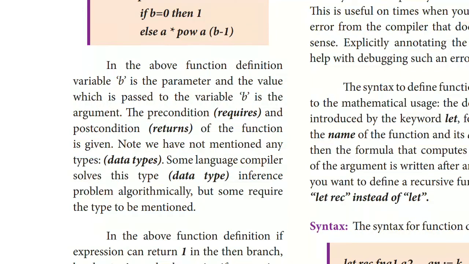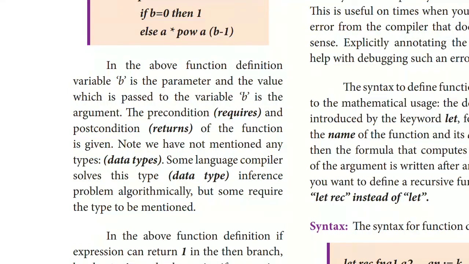So here we have to note one thing: the data type of the two variables a and b is not given here. Okay, or the output which is received from the function is not given here. So that is what is to be noted here. So some programming languages have this feature automatically.